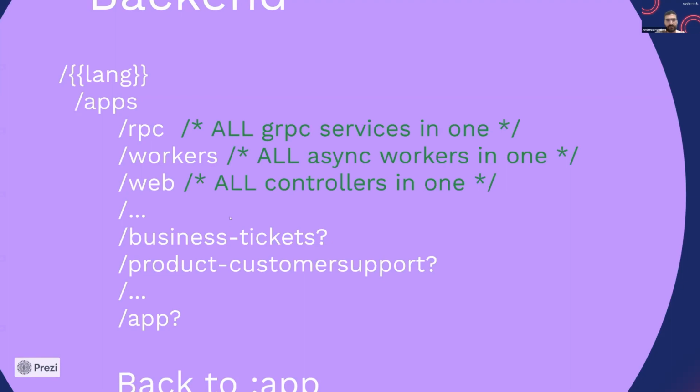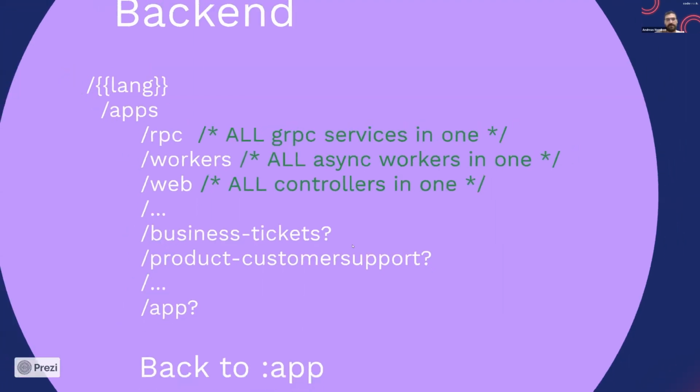some of the services logically. So if you have, let's say, some business layer services that are dealing with business flows, you could separate those into separate services. For example, the ticketing system could be represented as a business tickets deployable, or the customer support product could also be implemented as a product support deployable.